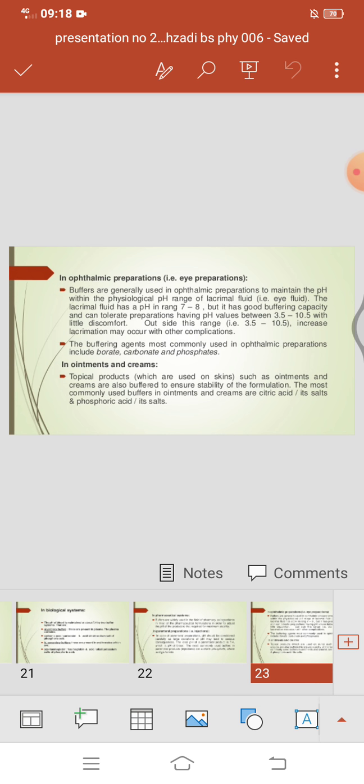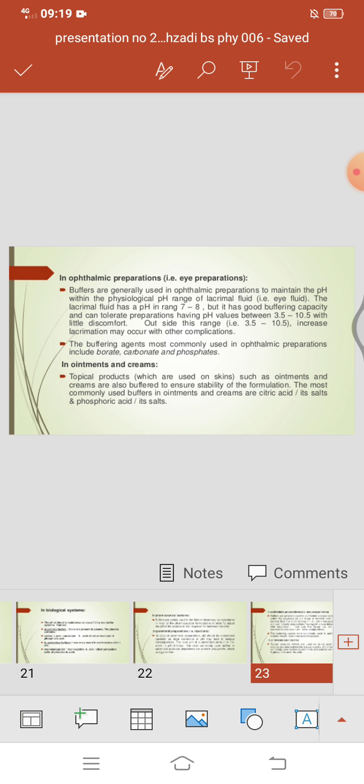In ophthalmic preparations, i.e. eye preparations, buffers are generally used to maintain the pH within the physiological pH range of lacrimal fluid, i.e. eye fluid. The lacrimal fluid has a pH in the range 7 to 8, but it has good buffering capacity and can tolerate preparations having pH values between 3.5 to 10.5 with little discomfort.